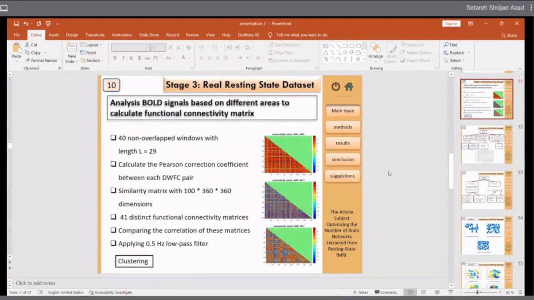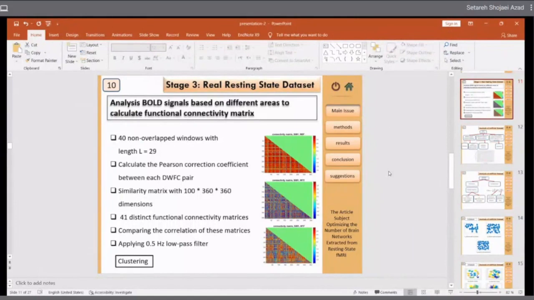Yeah, 10. For dynamic characterization of all functional connectivities, all these signals must be segmented by T sliding windows without overlapping, and this method can be suitable for finding unstable reconstructed patterns.